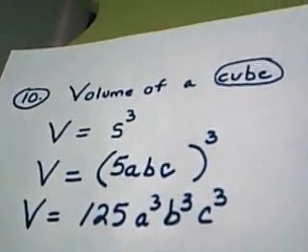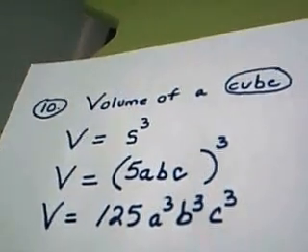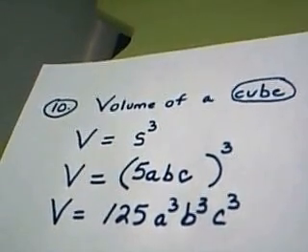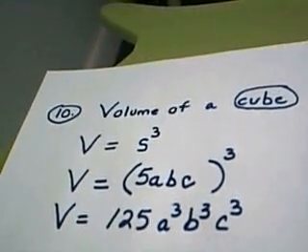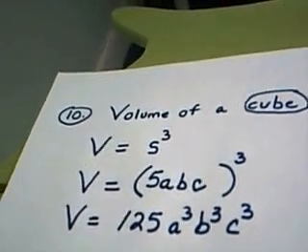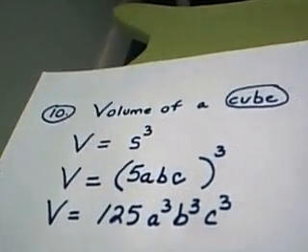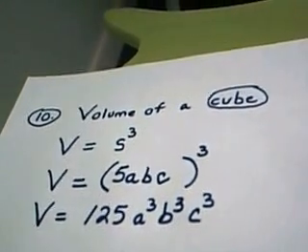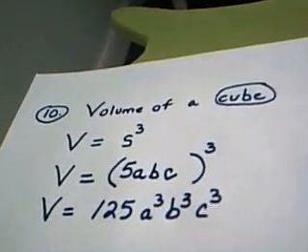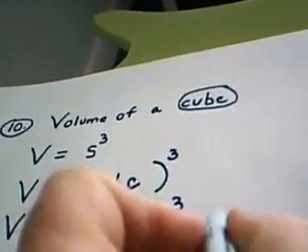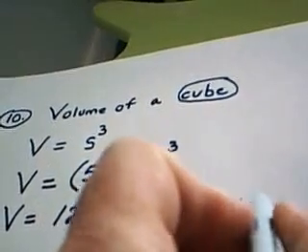Now, that technically is not done, because when you're giving somebody an answer, especially in a science class, you need to be a little bit more accurate in the way you answer things. What you should really write as the final part of your answer, that just makes it look perfectly correct, is you should also put off to the side here cubic units.